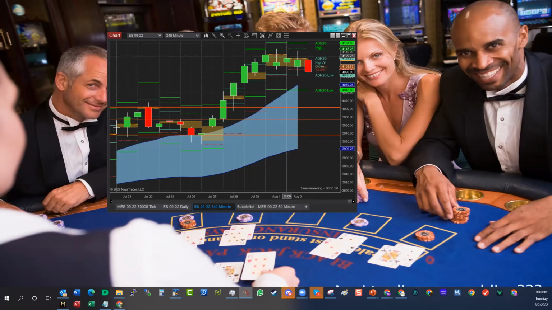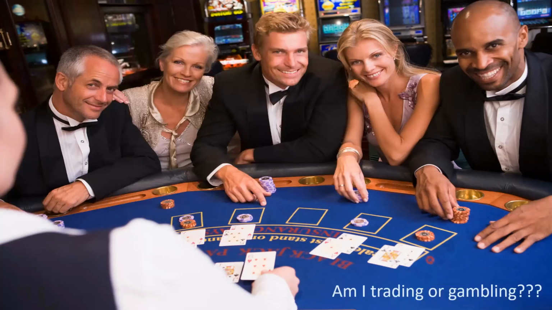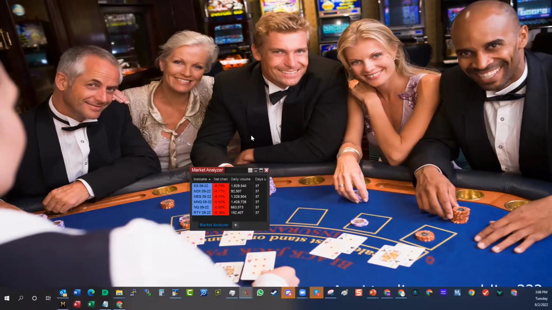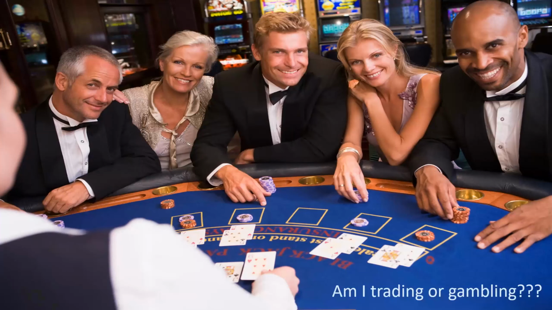I'm guessing that there were probably several accounts that were lost today, and certainly the majority would probably not have been too profitable. Here is another thing that I use in my trading, the market analyzer. Right now, it's starting to turn red, but all day today, it was totally mixed. It was just brutal trading conditions.